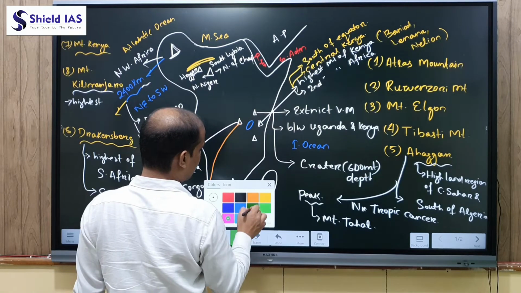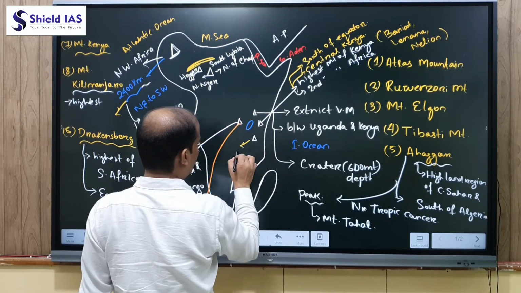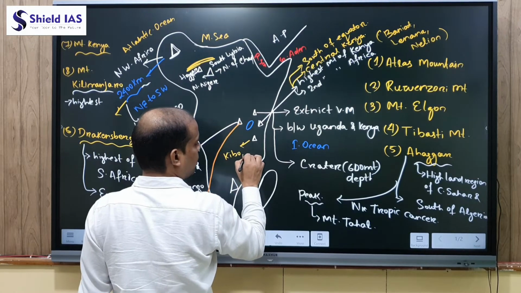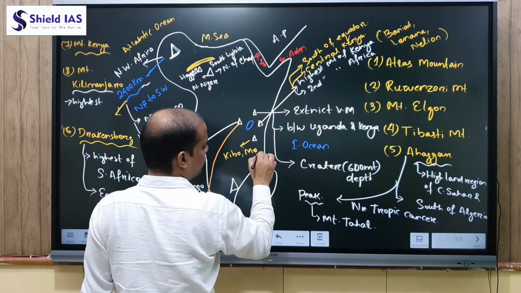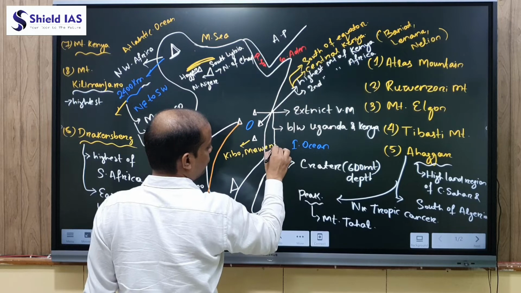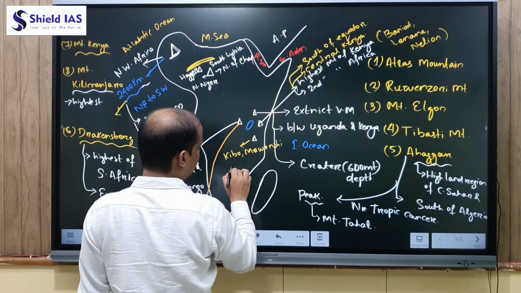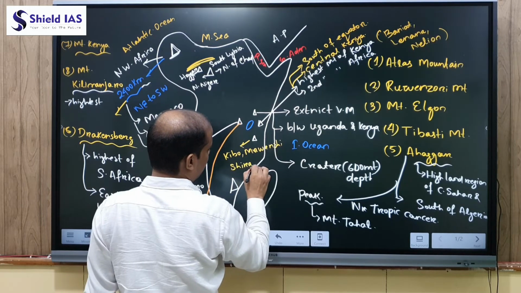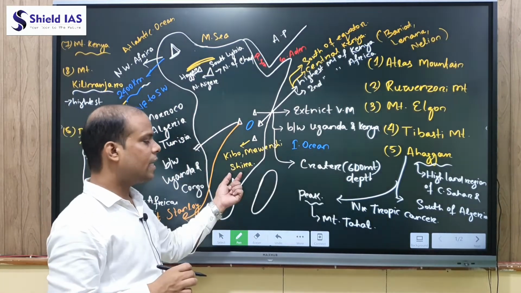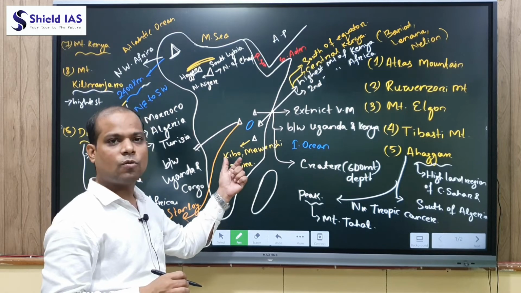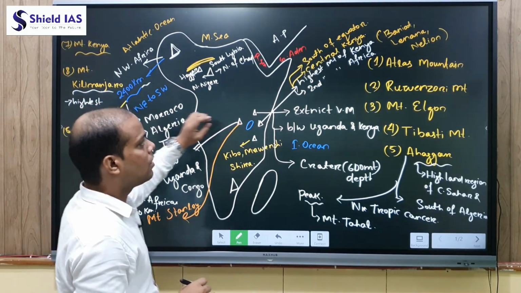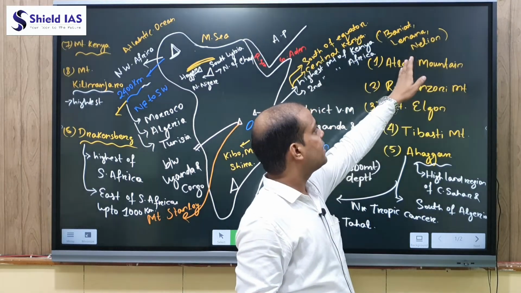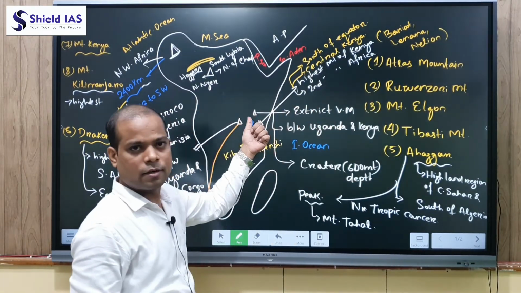These are known as Kibo, second is Mawensi, and third is Sira. So Kibo, Mawensi and Sira are the highest volcanic cones of Mount Kilimanjaro, and Banyard, Lenana and Lanier are the highest mountain peaks of Mount Kenya. Don't be confused.